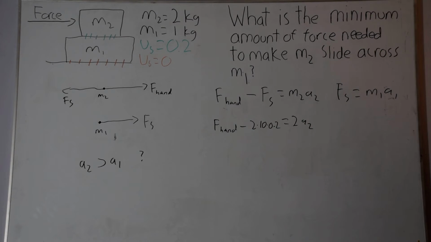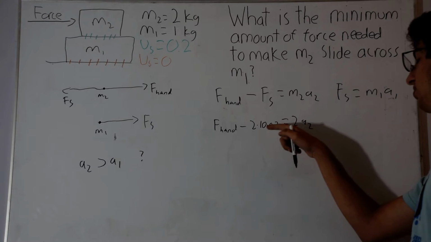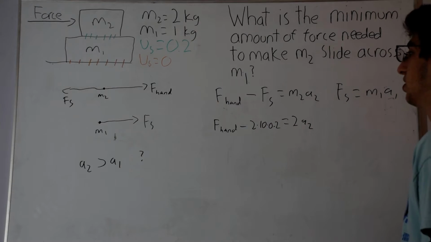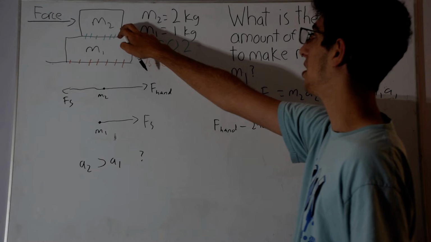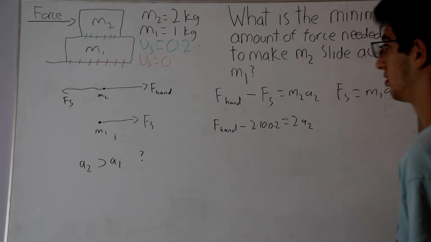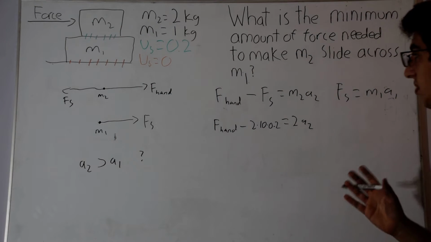Okay, now you might be wondering, this static friction force is the maximum the static friction force can be. So why am I using the max static friction force for the static friction? Well, I know that right before this top block slips on the bottom block, it's going to be not slipping, right?